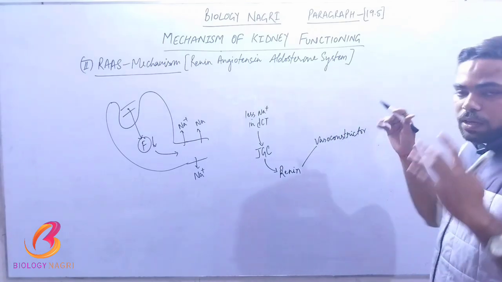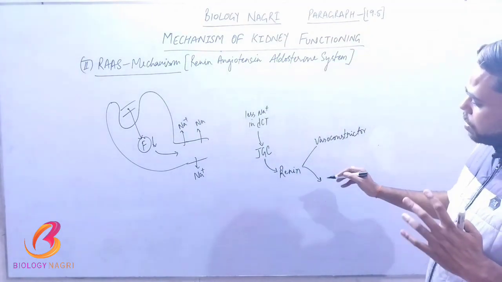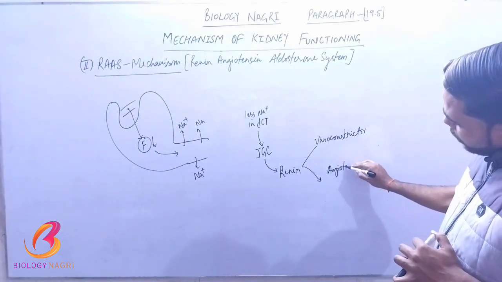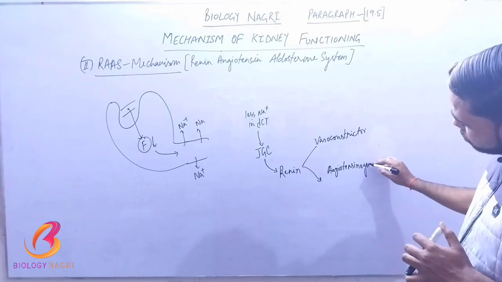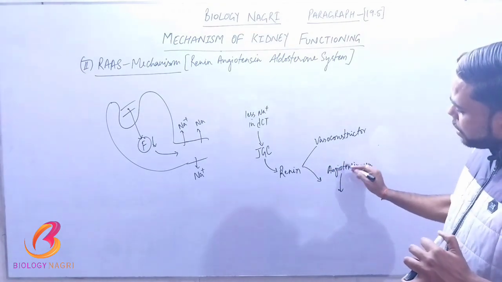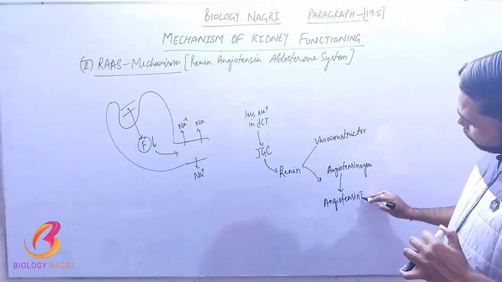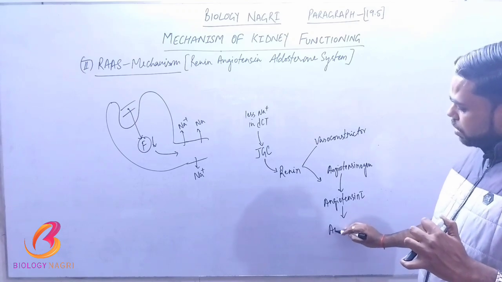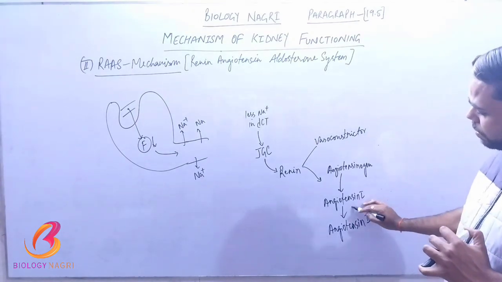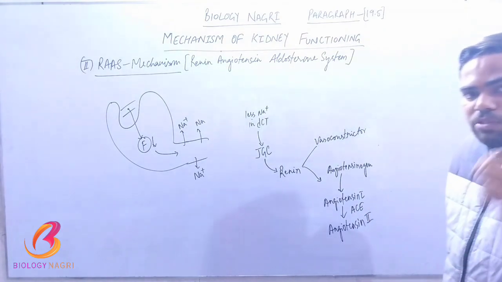Renin is a very good vasoconstrictor, so it constricts the blood vessel and increases the blood pressure. Renin also acts on angiotensinogen, a molecule already present in the blood, and converts it into angiotensin 1. Further, angiotensin 1 is converted into angiotensin 2 with the help of ACE, the angiotensin converting enzyme released by the lungs.